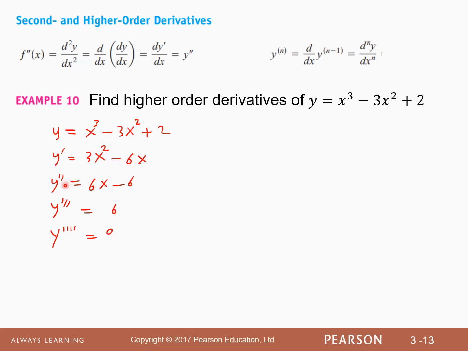Y prime prime will be equal to 6x minus 6. Y triple prime will be equal to 6. Y fourth prime is equal to 0. That's it. That ends this section 3.3. The next video will start from section 3.4.